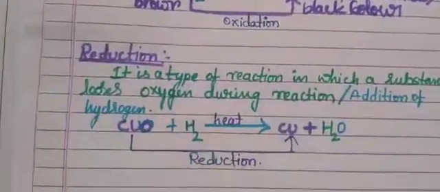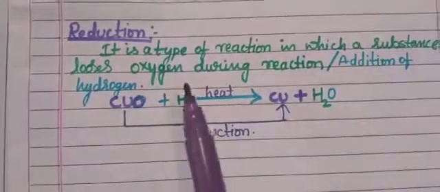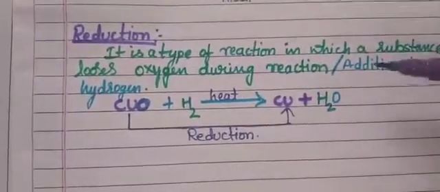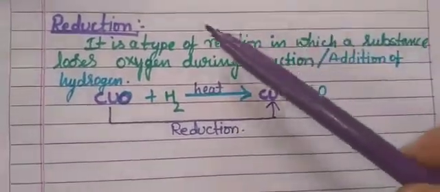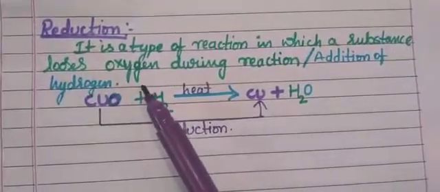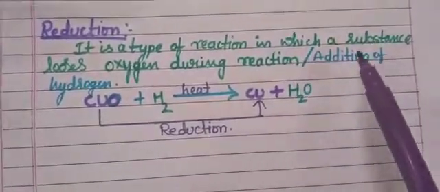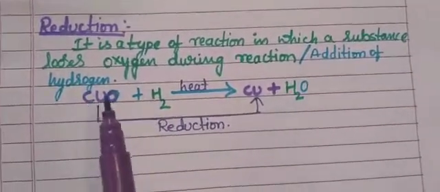But in case of reduction, addition of hydrogen or removal of oxygen, this is just the reverse. Oxidation and reduction are reverse or opposite to each other. So we'll take an example.